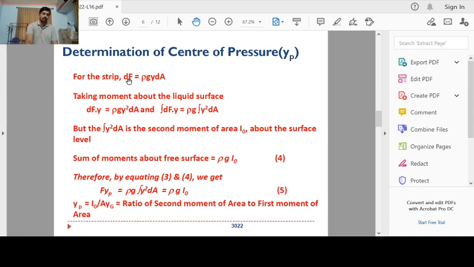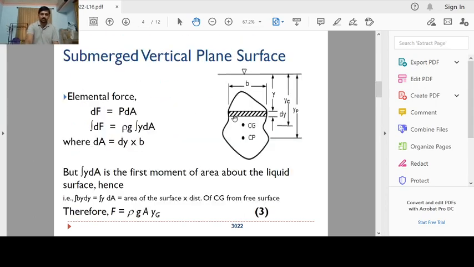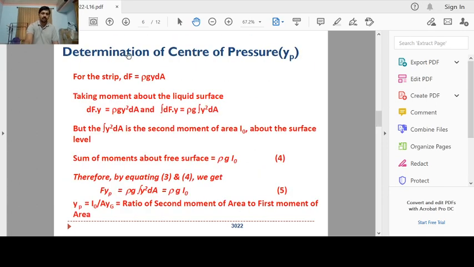For the strip, as we have seen in the previous diagram, having area b into dy, dF is equal to rho g y dA, you know that.